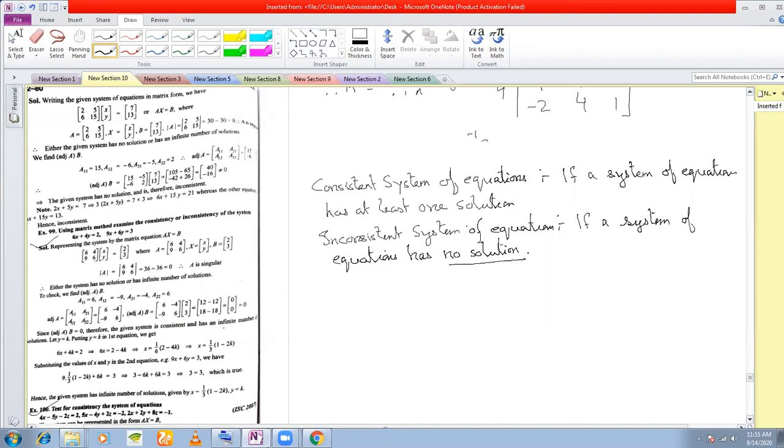So no solution and at least one solution. It is called a consistent system of equations if it has at least one solution. It is called an inconsistent system of equations if it has no solution. So let us check this.